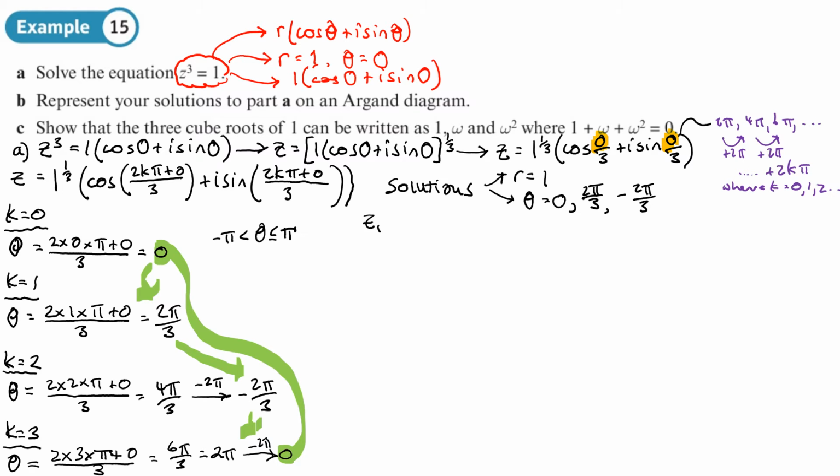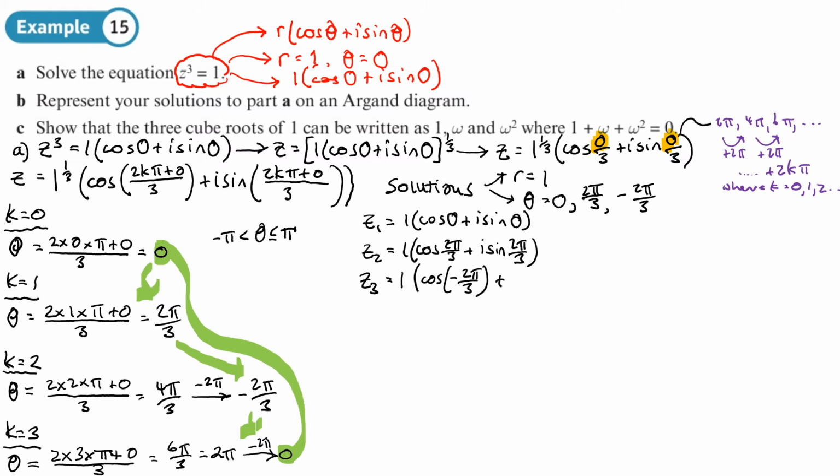Solution number 1 is going to be 1 cos 0 plus i sine 0. Z2 is 1 cos 2 pi over 3 plus i sine 2 pi over 3. Solution number 3, cos negative 2 pi over 3 plus i sine negative 2 pi over 3.